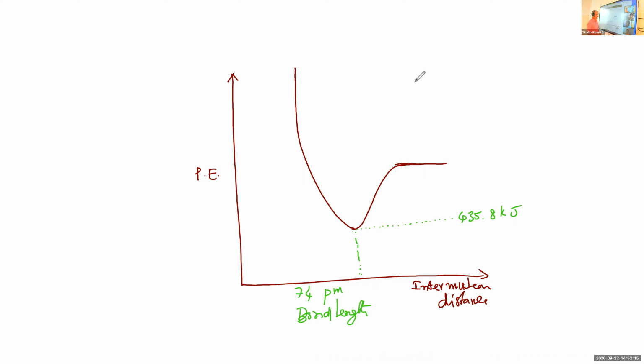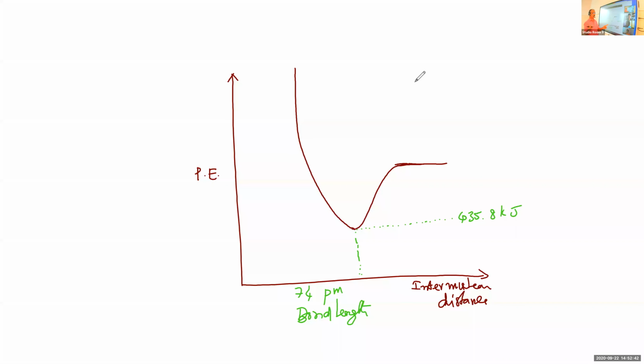So if the distance between the two hydrogen nuclei is 74 picometer, that is the balancing position. At that position, the system has minimum energy and maximum stability. Minimum energy, maximum stability.